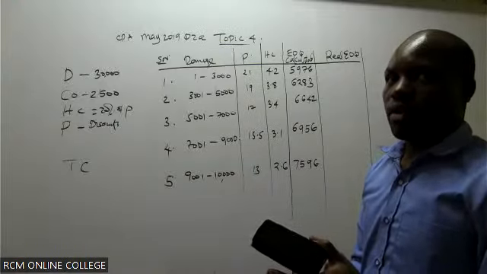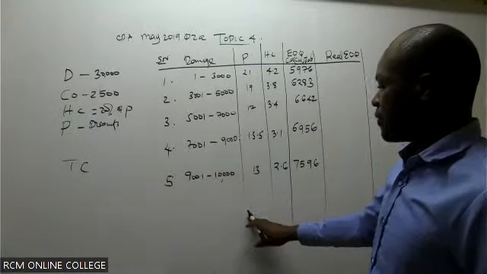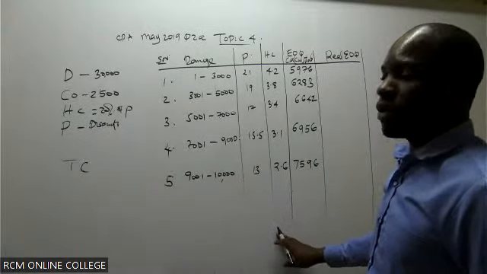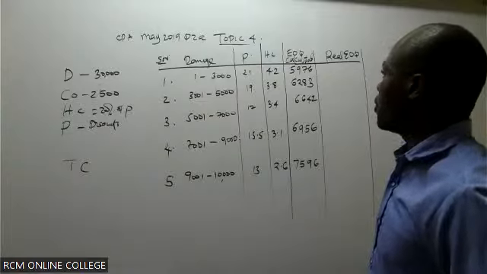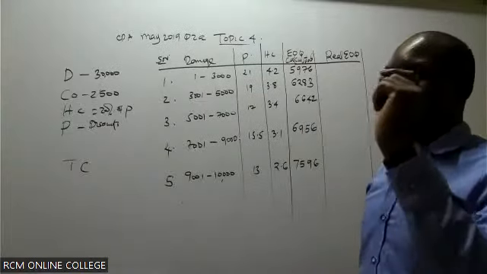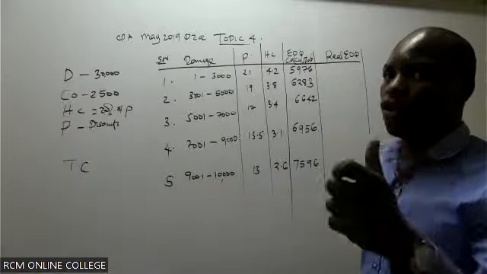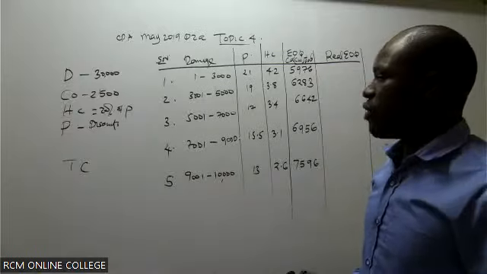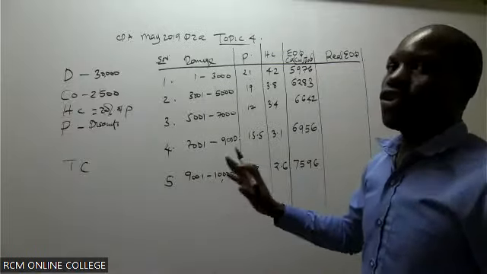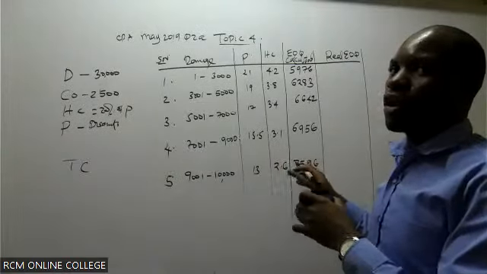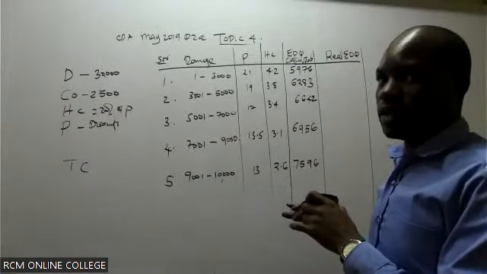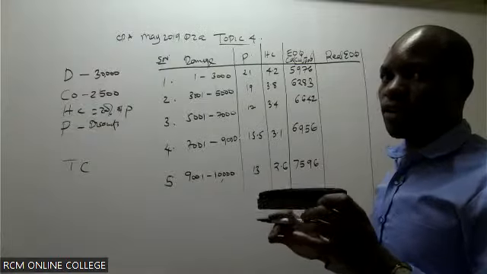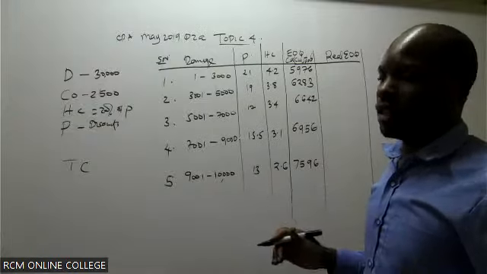Or in other terms, you are not allowed to order for any goods that are below the economic order quantity. You either order economic order quantity or you order above that economic order quantity.